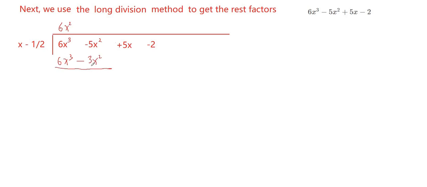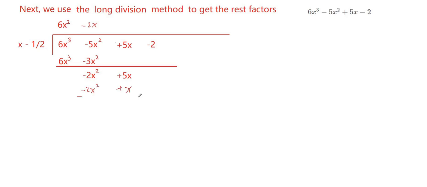It becomes 0, and this becomes minus 2x squared, and this can come down plus 5x. And here we use minus 2x, and it becomes minus 2x squared, and this one becomes plus x.